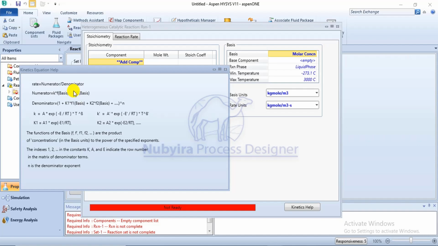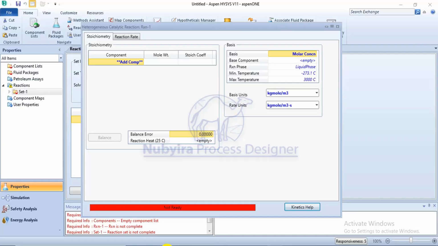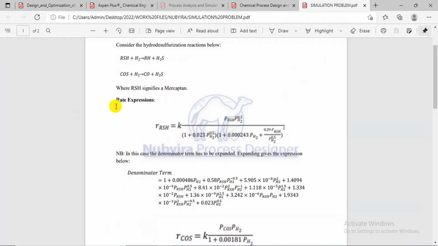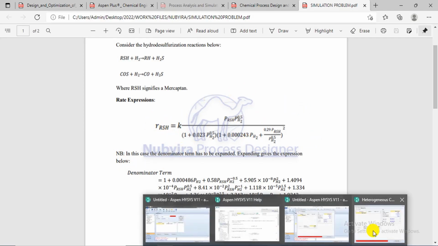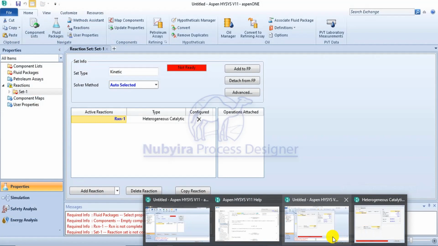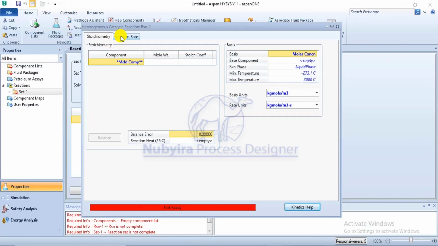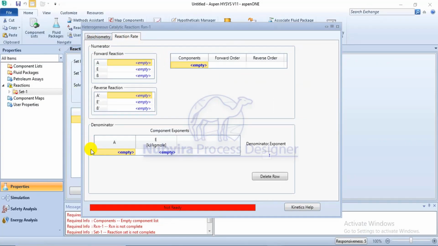That's what I said earlier. Now let's go back. So what we have here, for this first equation, in this rate equation is what is supposed to be inputted right here. So I'll be using this first example to explain how to input and specify values here.